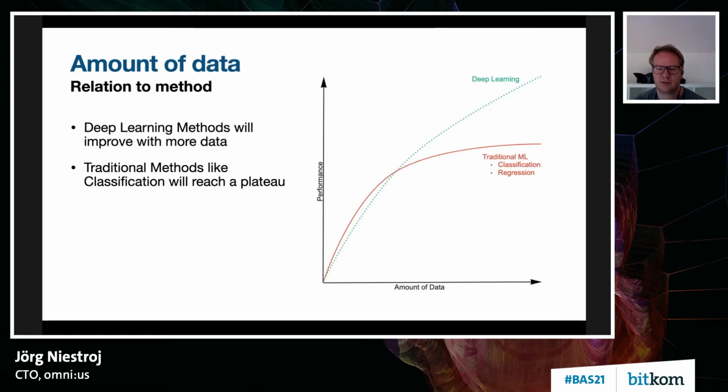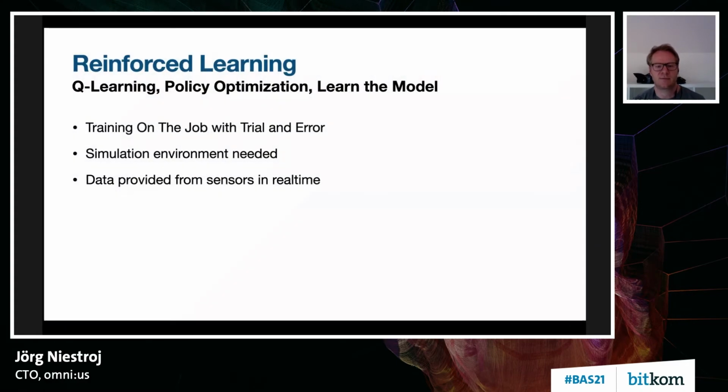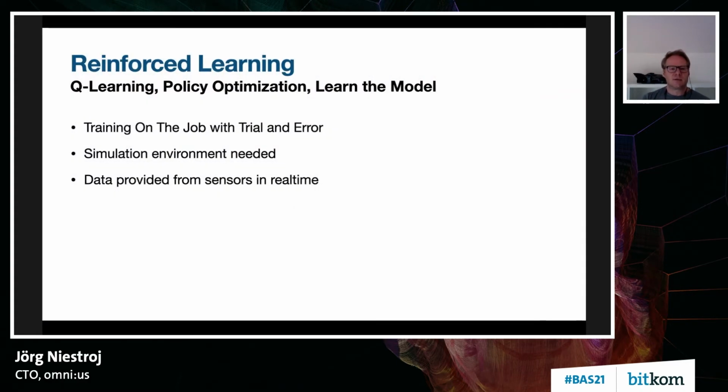that area of reinforced learning, where you need no data upfront at all. So you can start without any training data sets, because reinforced learning is more about using real-time data from, for example, sensors. And it's used, for example, for robots to find a way through an area, or in other areas where you interact with that environment.